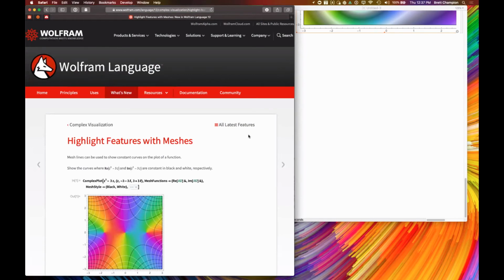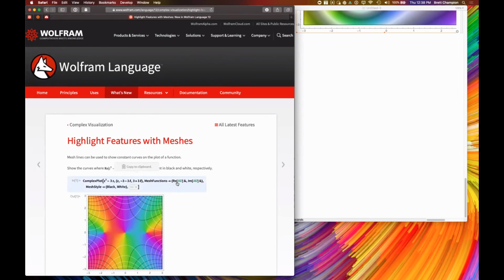So in addition to using the shading to get contours or mesh levels, you can of course use meshes in the normal way. In this case, we have a slightly different function. It has just 3 zeros, no poles.